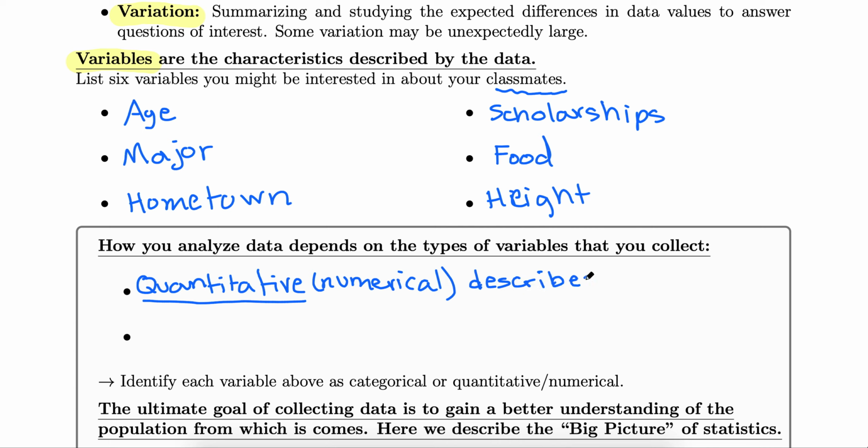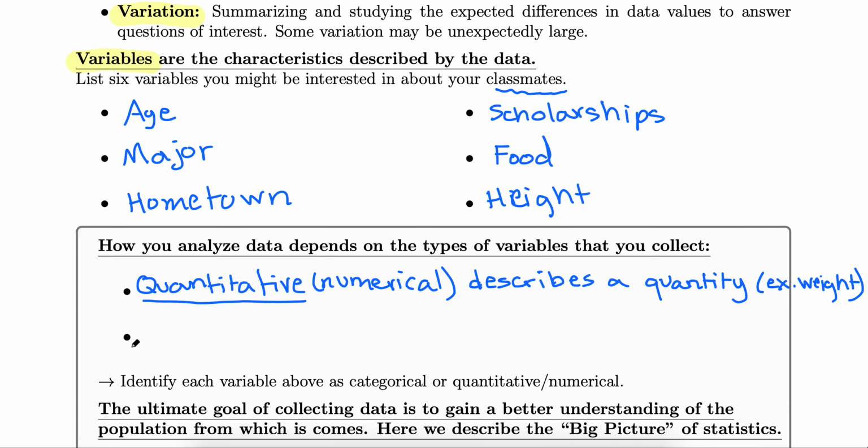And an example of that might be a weight, for example. My son just did his Pinewood Derby competition, his first one, and they had to weigh their cars before they could race. So weight is an example of a quantitative or numerical variable.